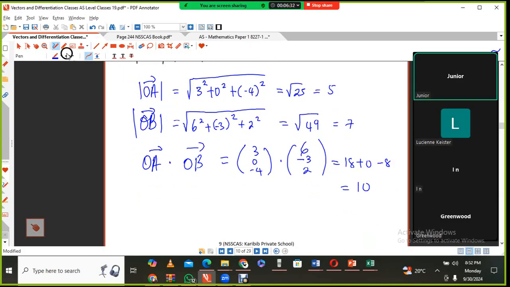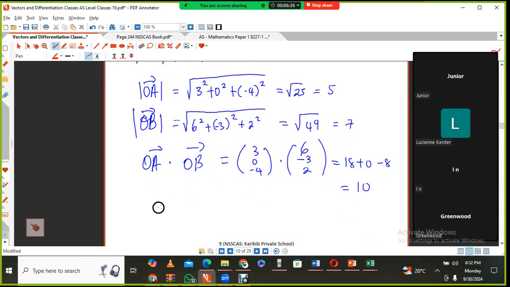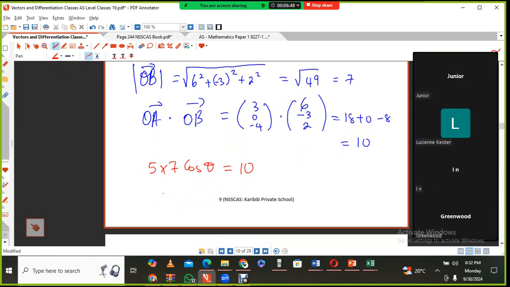Okay. So we can now continue. We will say 5 times 7 times the cos of the angle is equal to 10. This implies that cos theta will be 10 divided by 35.